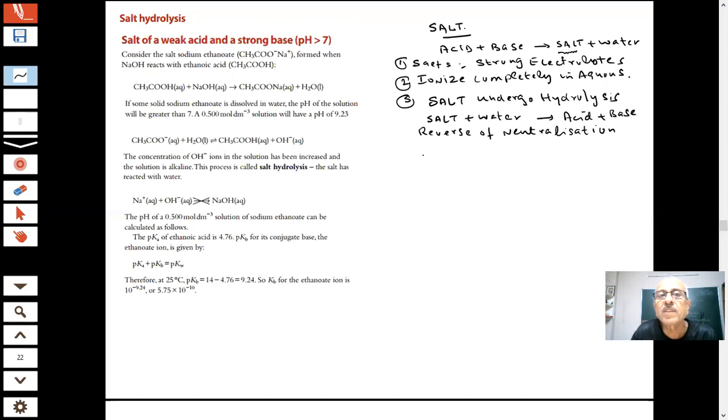For example, can you give me any example of salts of strong acids and strong bases?